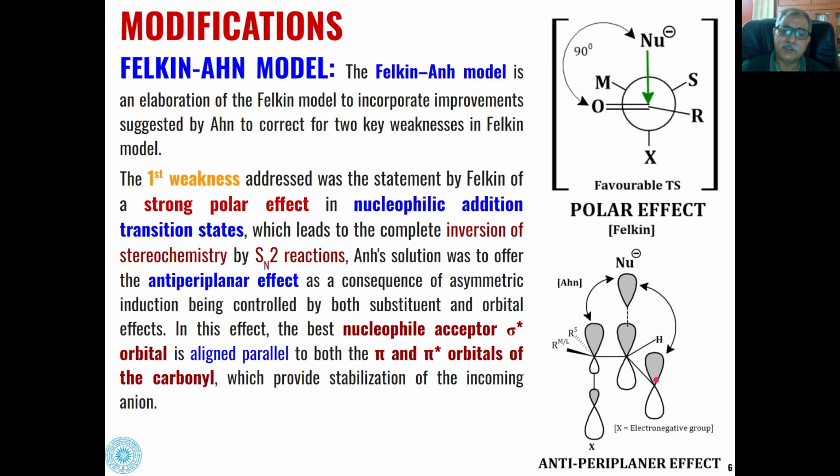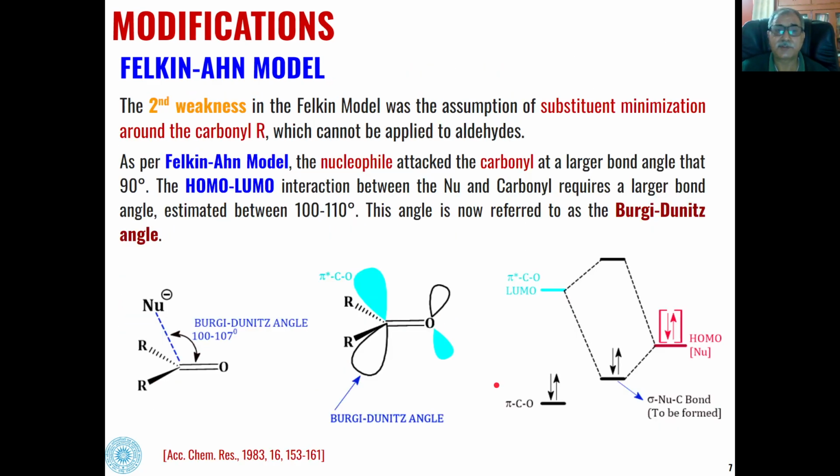This is how it can be explained, because this will provide stabilization for the incoming anion, and it can quite easily overlap with the pi and pi antibonding orbitals of the carbonyl for an effective overlap. So this anti-periplanar effect will determine what kind of product will be formed in the case of diastereoselective products.